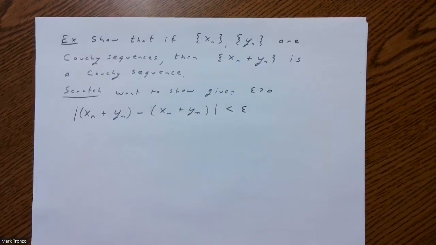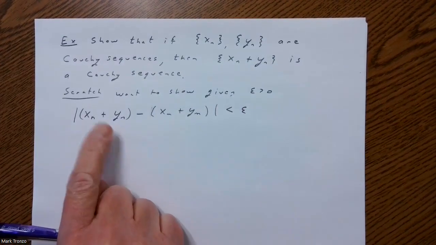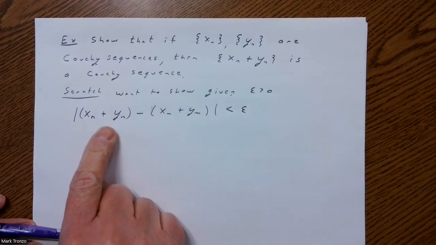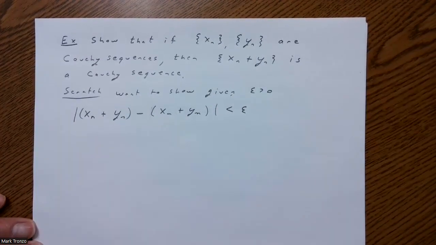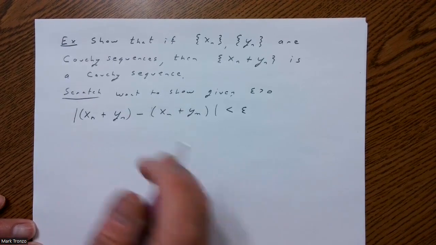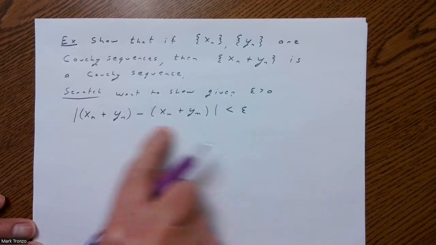So for it to be a Cauchy sequence, we'll have to take this term minus any other term along the way, and that's less than epsilon. Let's think of what we have to do here. We would have to play with this a little bit.